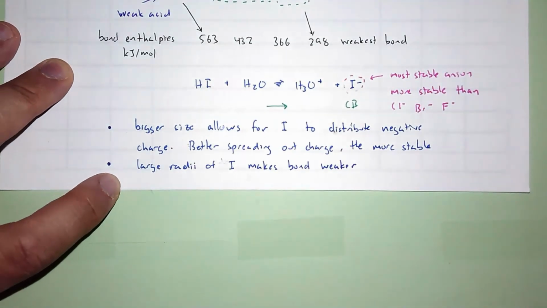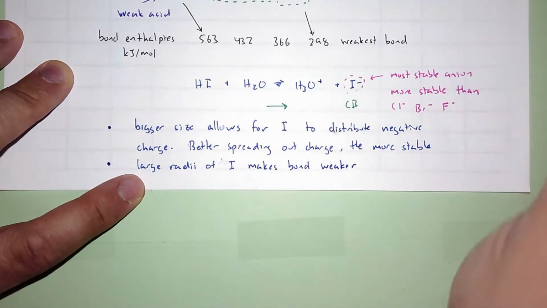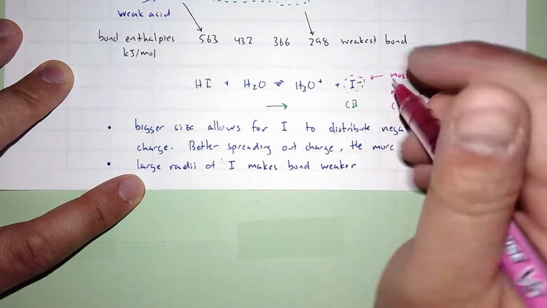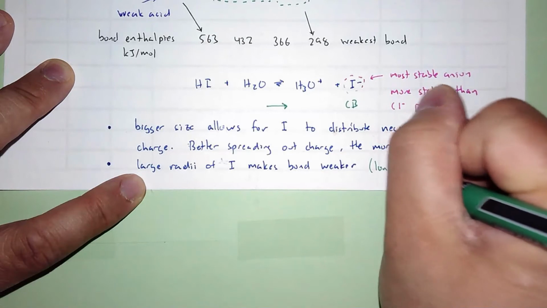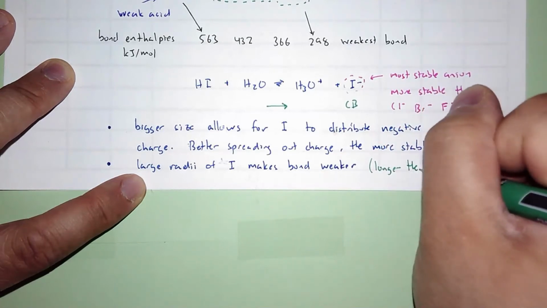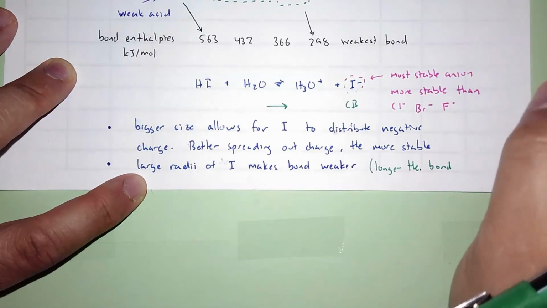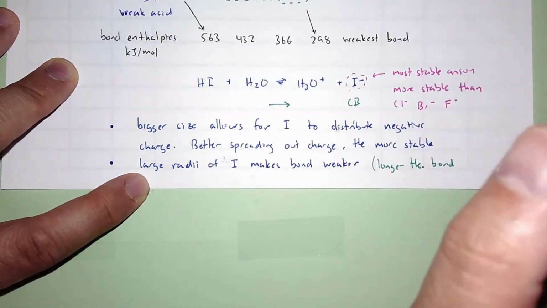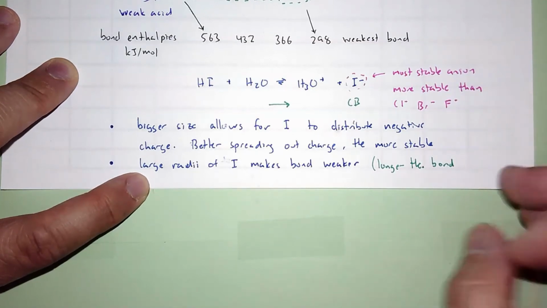Remember in Gen Chem 1 where the longer the bond, the weaker the bond? That's why triple bonds, which are short, are stronger than double bonds, and double bonds, which are shorter than single bonds, are stronger than single bonds.